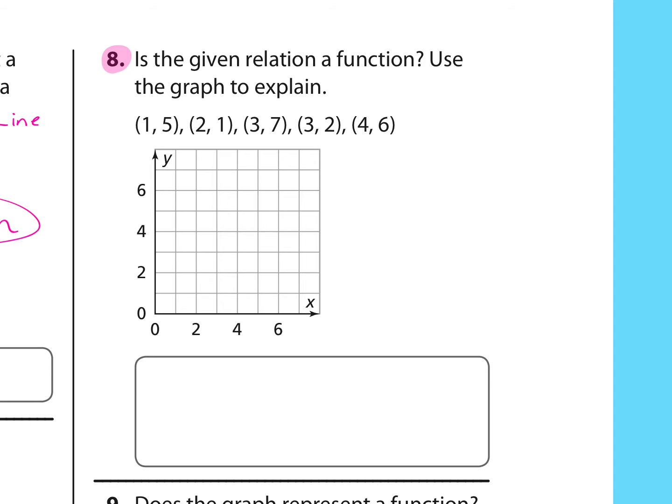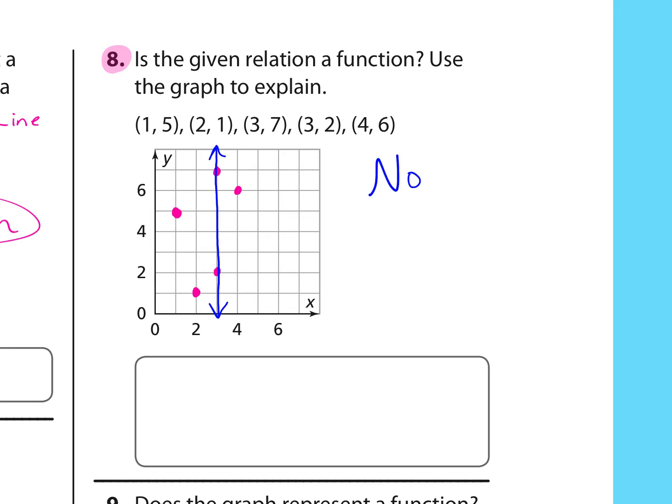Number 8, is the given relation a function? Use the graph to explain. Well, let's go ahead and graph these points. We have (1, 5), (2, 1), (3, 7), (3, 2), and (4, 6). If I draw a vertical line through these, I have a place right here where a vertical line crosses 2 points.